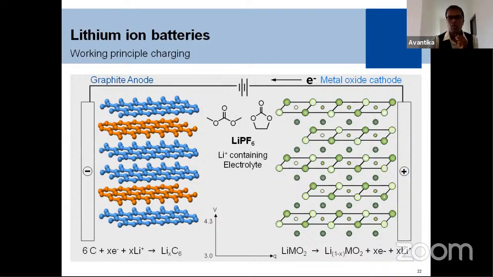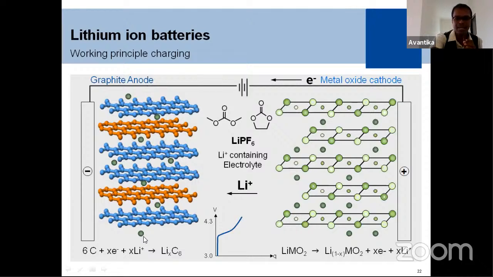You can see now I am giving the current. Now you can see what is happening. The green color indicates the lithium ions. They are moving from cathode to anode, and the voltage is rising from 3 volts to a maximum of 4.3 volts.